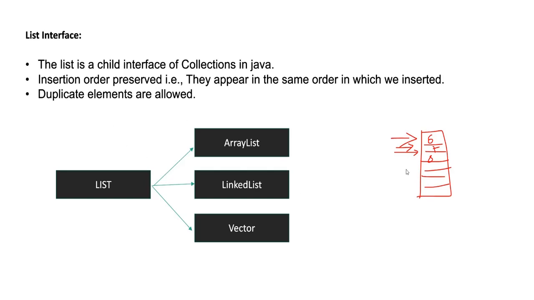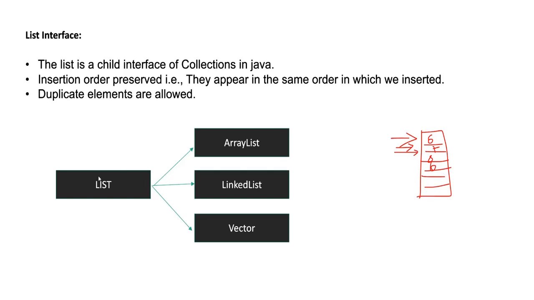And duplicate elements are allowed. If I want to add another 6, it is allowed. So this is what we can say about the List interface.